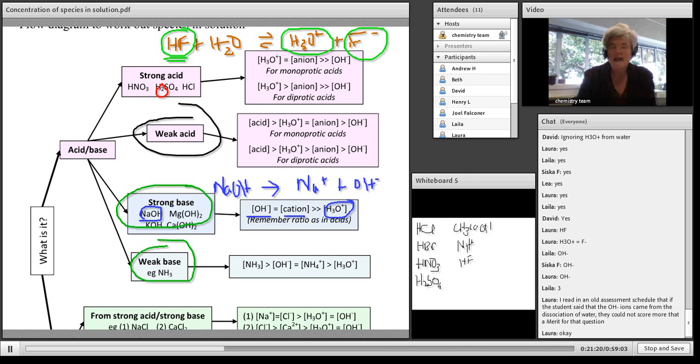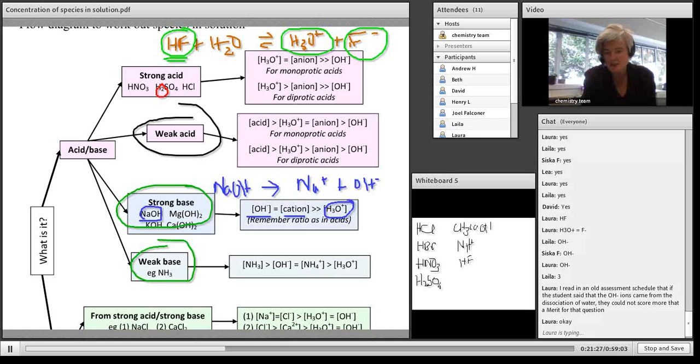Weak base. How many species do you expect to have present in a weak base? So we said a strong base and a strong acid were 3 species. For a weak acid or weak base, you'd expect to have 4 species. That's because you've got the undissociated molecules.